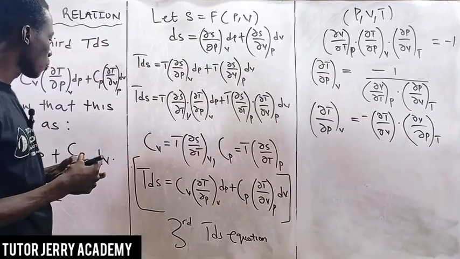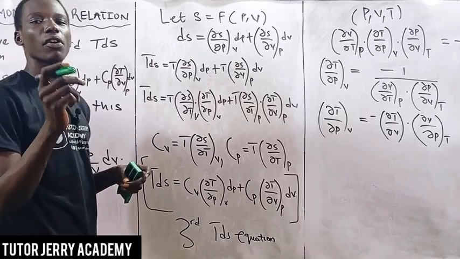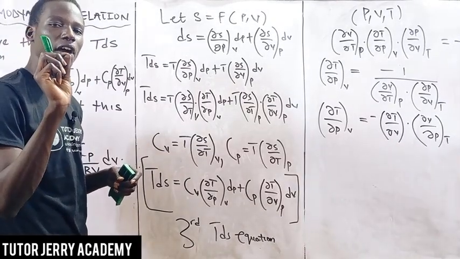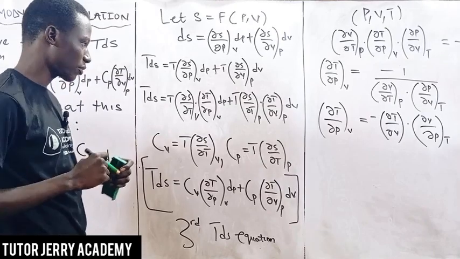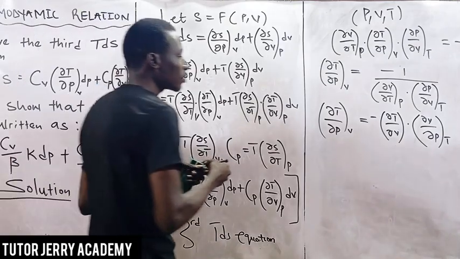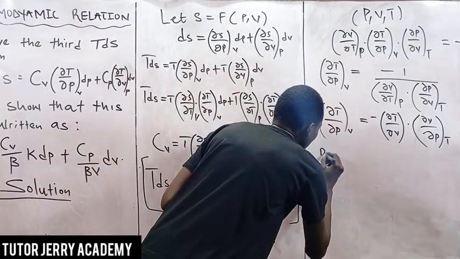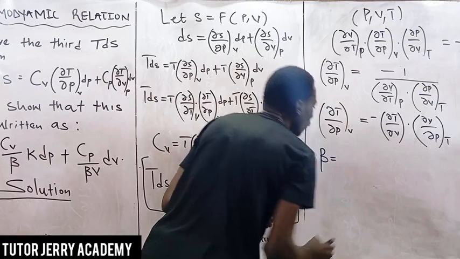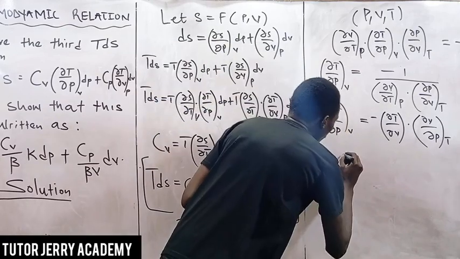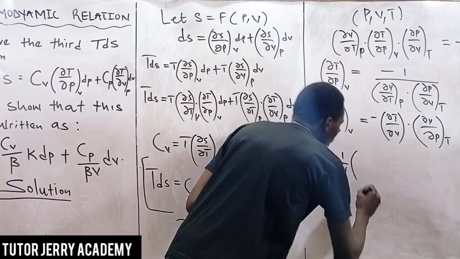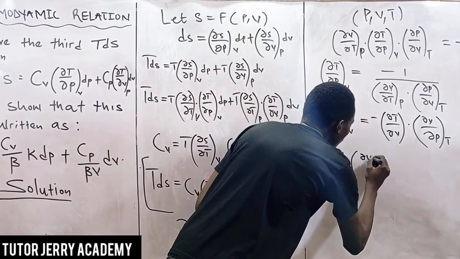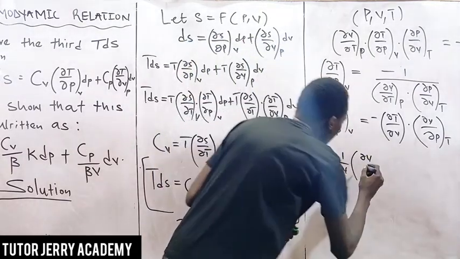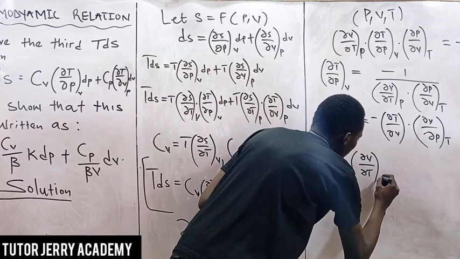Now, in order to move further, we are going to be making use of our compressibility factor and our coefficient of volume expansion. Now, the coefficient of volume expansion beta, don't forget, is equal to 1 all over V into the partial derivative of V all over the partial derivative of T, keeping P constant.